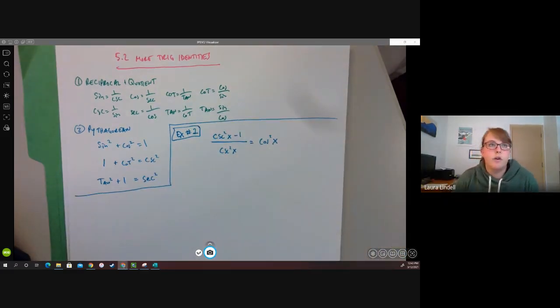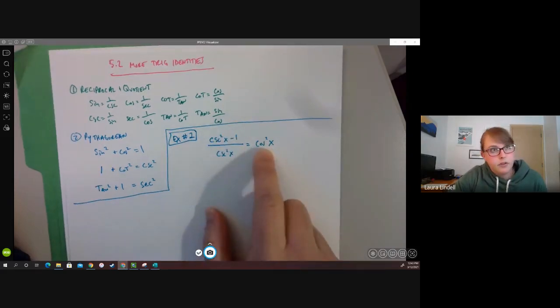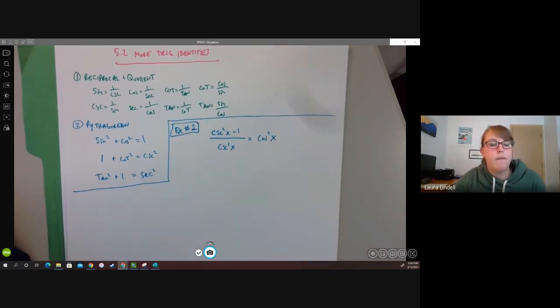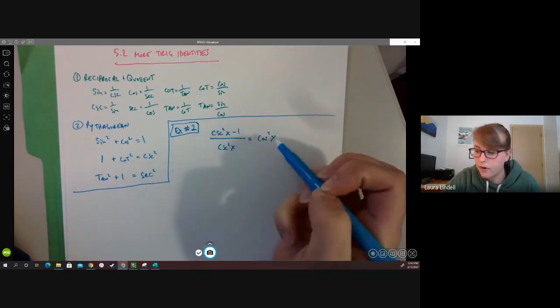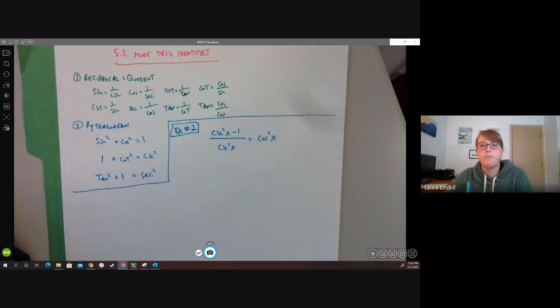And we want to show that this side is equal to this side, because just written like this, it's not immediately obvious that the sides are actually equal to each other. So we want to simplify this side or this side until they look the same. And there's a couple different ways that we can do this. Generally speaking, there's going to be more than one way that you can simplify these.